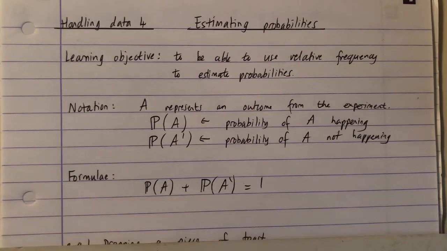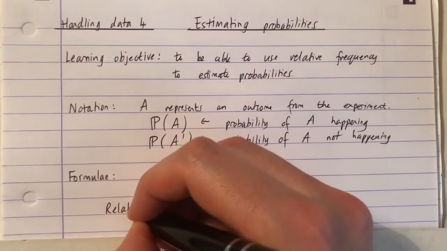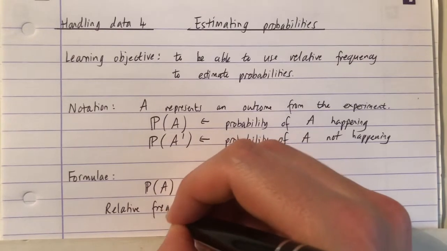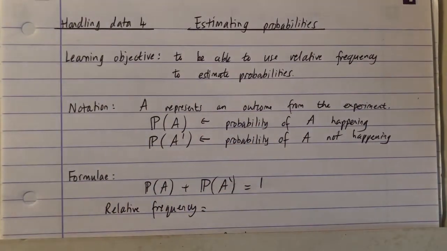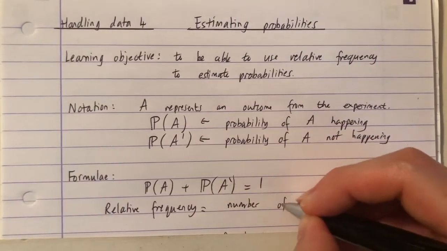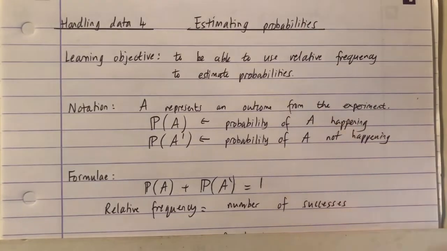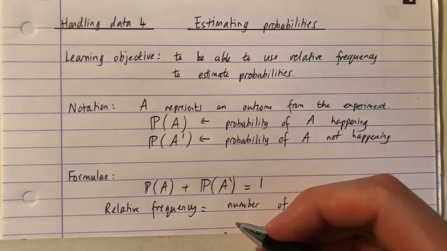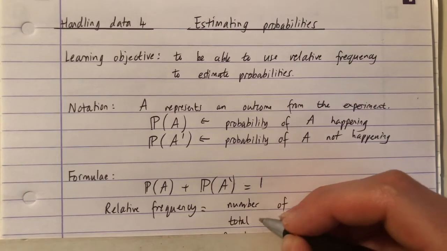But there's another formula now, which is called relative frequency, which is equal to, when you've done an experiment, the number of successes of that experiment divided by the total number of trials, the number of times you actually did the experiment.